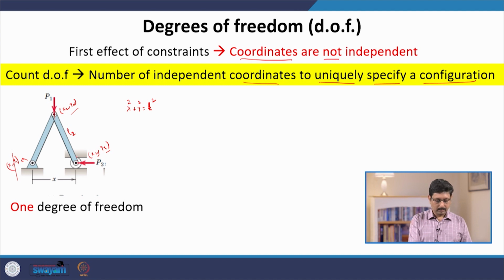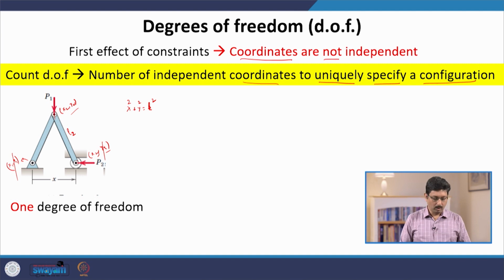Now, in this case, because this rod is allowed to move only along this channel, that means for all the possible allowed configurations, y3 is also a constant.